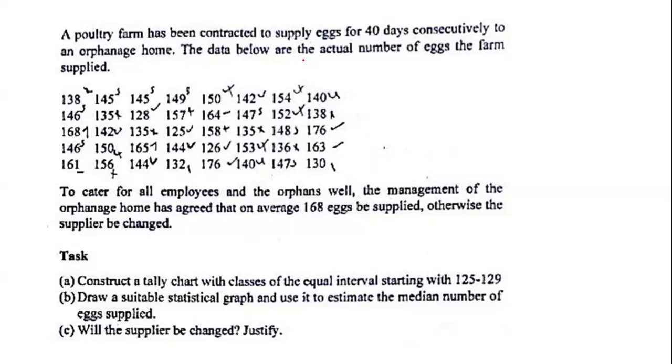Remember that this is for 40 days. So are those eggs the number of days the eggs are supplied? What they have given us is the frequency for the different days. Like this is day one, maybe they supplied 138, day two 146.